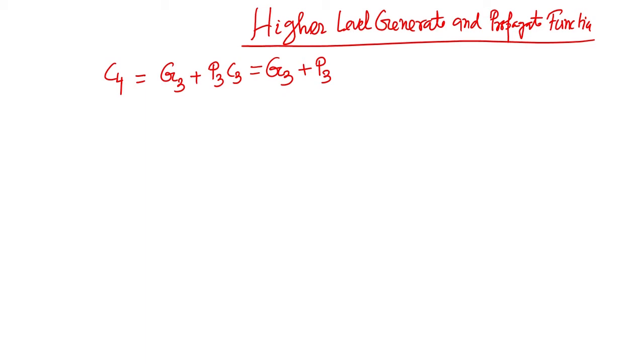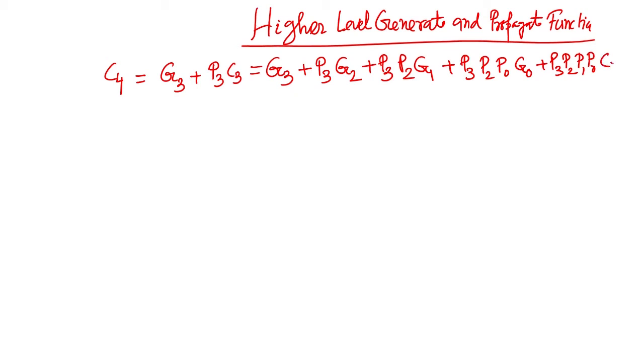So, therefore, we can write G3 plus P3 G2 plus P3 P2 G1 plus P3 P2 P1 G0 plus P3 P2 P1 P0 C0.